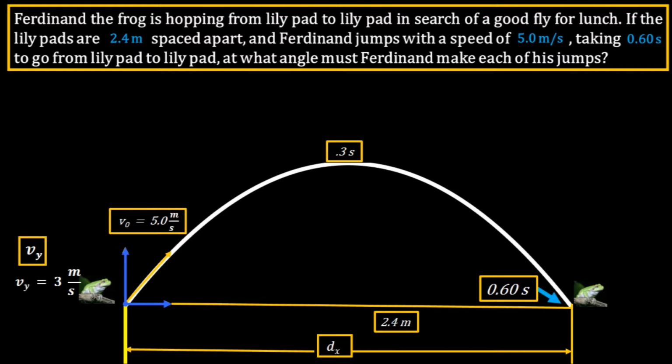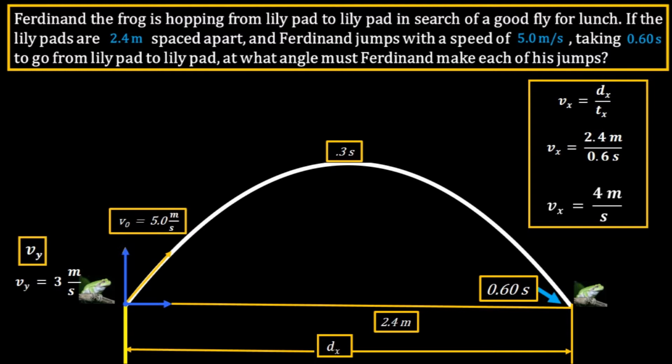I could do dy next, or I could do vx next because I have dx and tx. And I know that vx is going to be 4 meters per second. That makes sense, since I have a 3, 4, 5 triangle. I could have predicted that very easily.